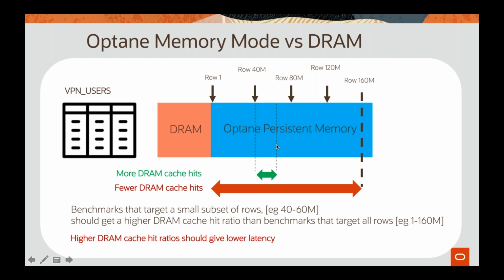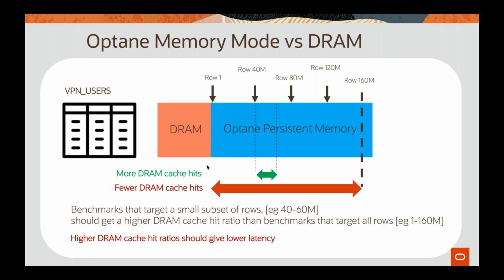If I looked at a small amount of data, say 40 million rows versus 160 million rows, I know via various calculations that 40 million rows would easily fit within DRAM. If all my data fits within DRAM, I should be getting DRAM cache hits.